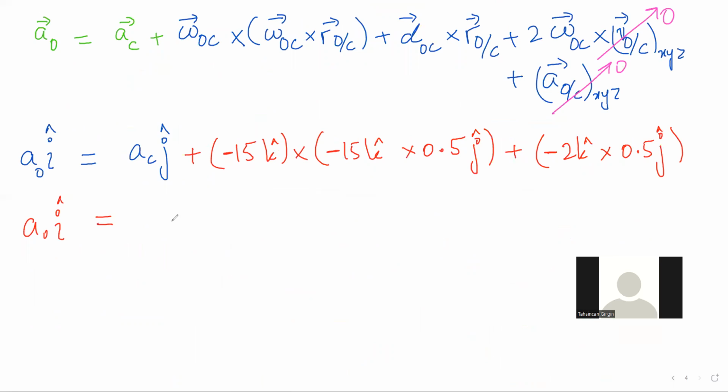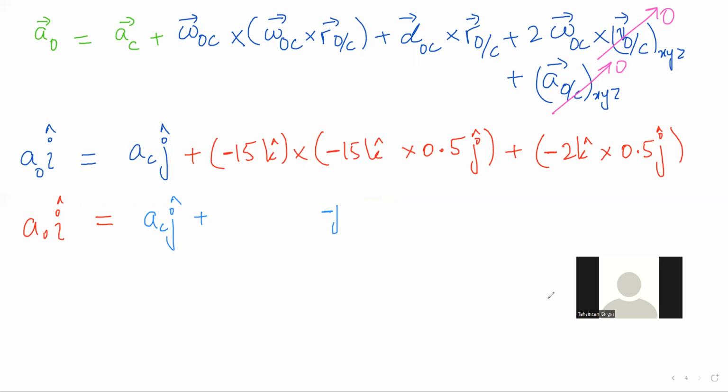Equal to ACJ plus, okay, this one I can help you. K cross J is minus I, and minus is plus I, and then K cross I is a J, so minus K cross I will give me a minus J. K cross J is negative I, negative, positive I. K cross I is a J, negative J. So I will put a negative.